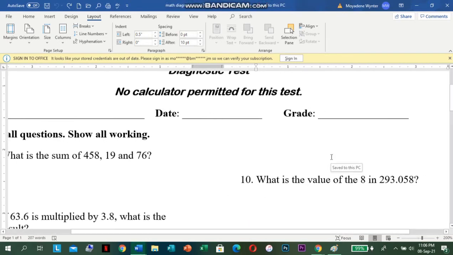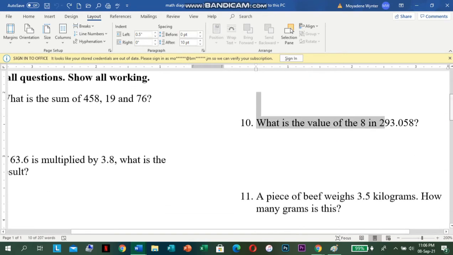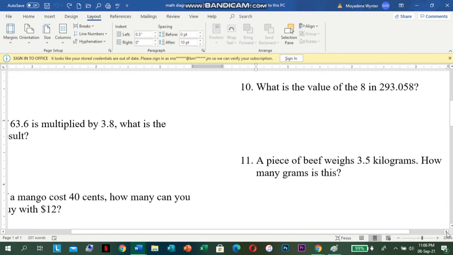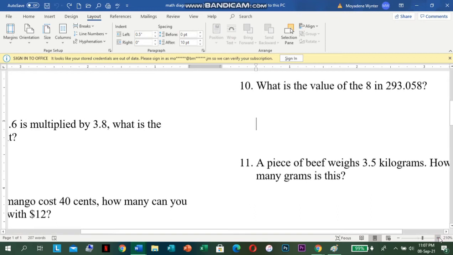All right, so what is the value of the 8 in 293.058? What is the value of the 8 in 293.058? Bring it up a little bigger.